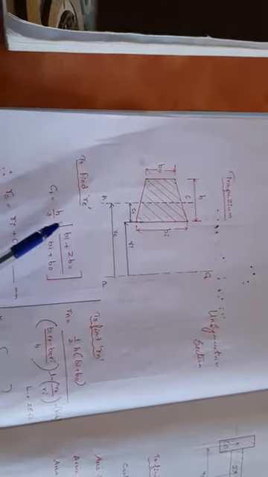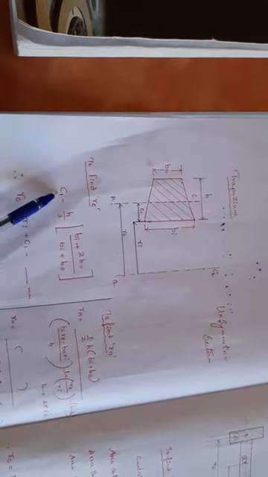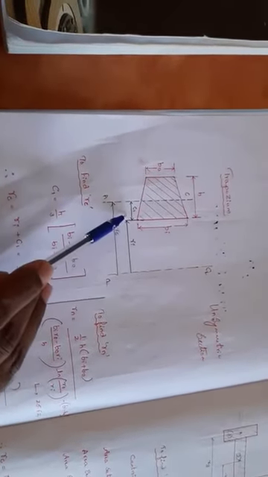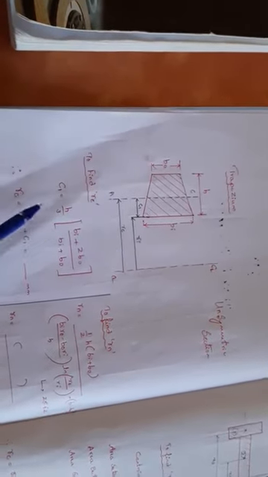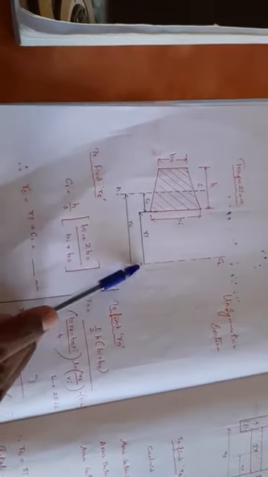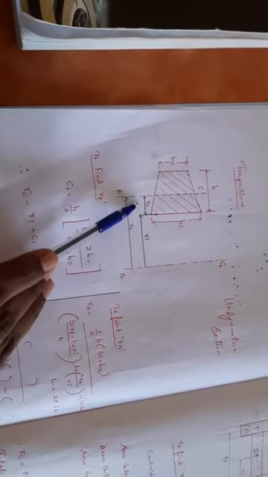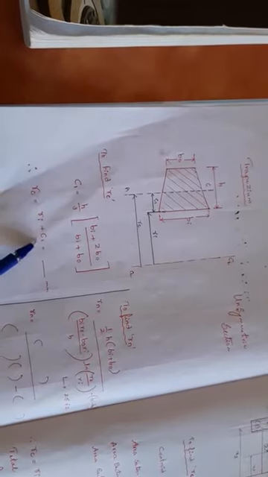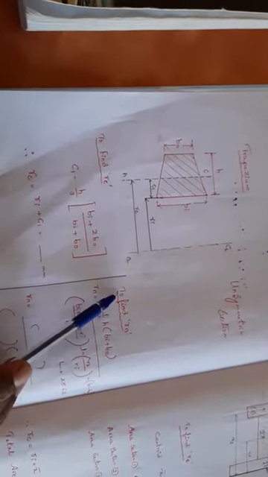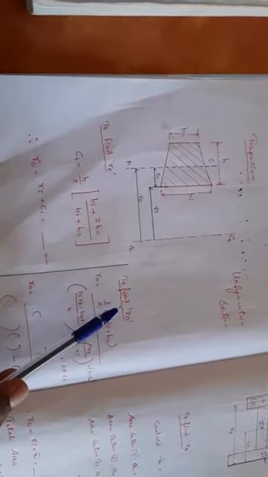Substituting into this equation, we get C1. C1 is the distance between the inner side and the centroidal axis, therefore RC will be Ri plus C1. Now how to find Rn for the trapezium section?